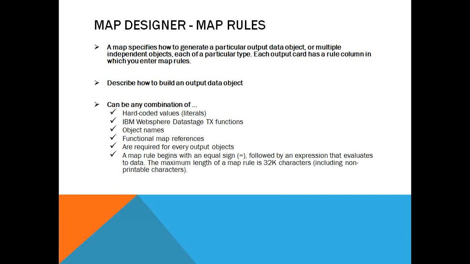So a mapping rule will specify how to populate data for a particular object, or if there are multiple objects, how to generate the data for those objects, for that field or for those groups.